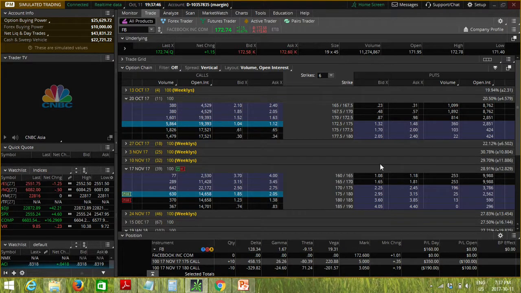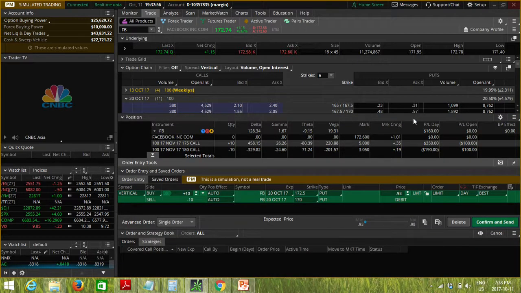So let's look at the puts. So if you feel the opposite way, you can, we'll look at the October ones again here. Okay. So let's look at this. Again, $2.50 between the strikes on here. So with the puts, we want it to go down.